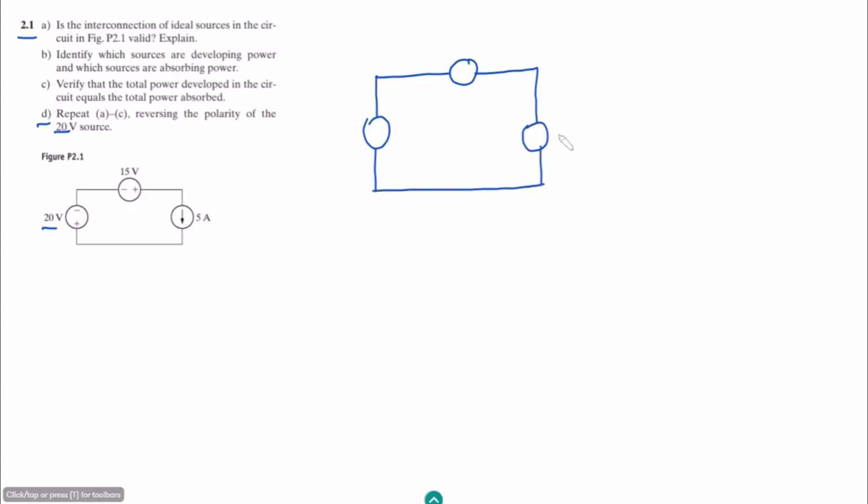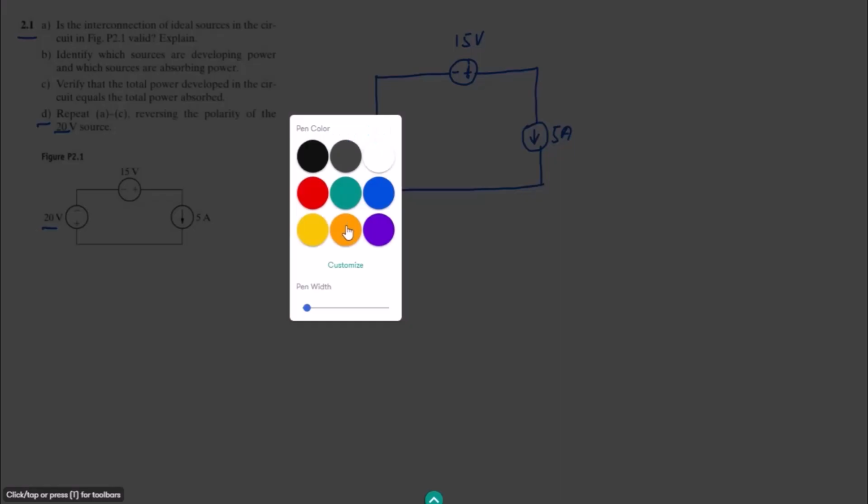The polarity of the 5 ampere source remains the same, and the 15 volt source also remains the same. We reverse the polarity of the 20 volts, so it remains 20 volts, but now this is plus and this is minus, while previously it was negative here and positive there. So now we have this circuit.